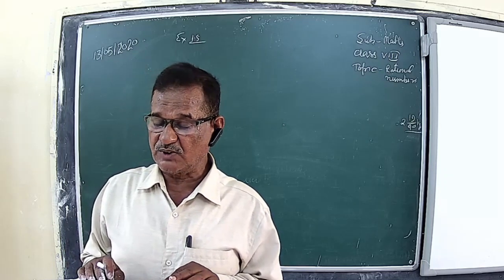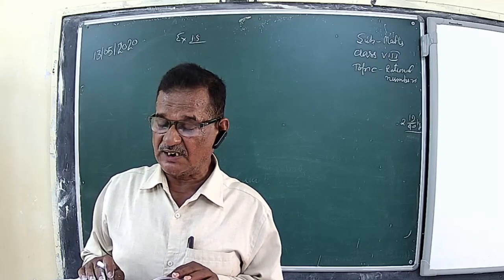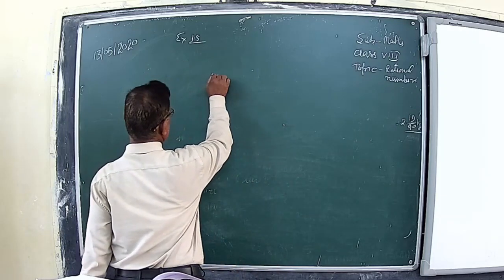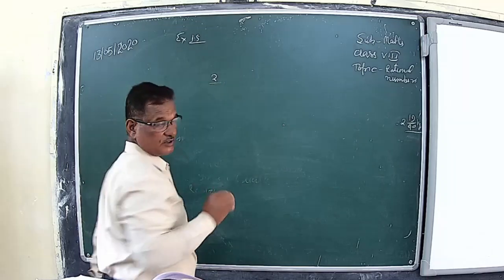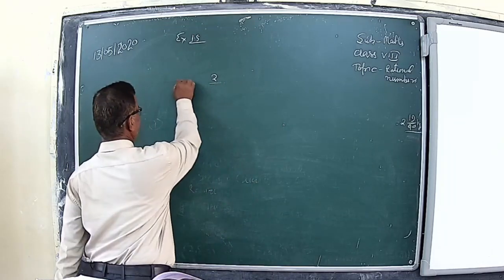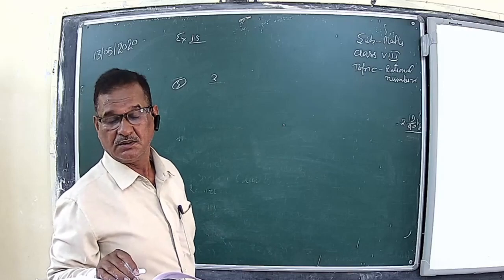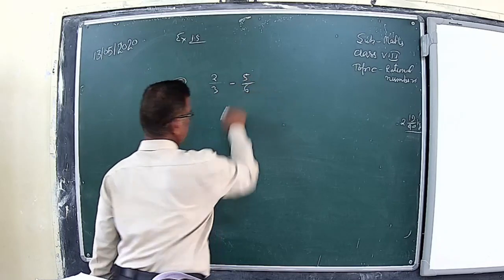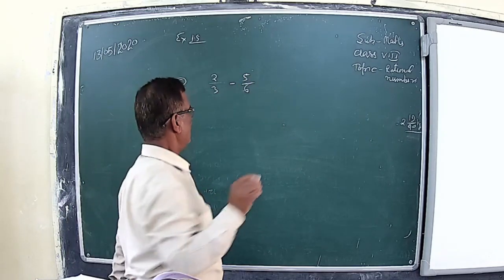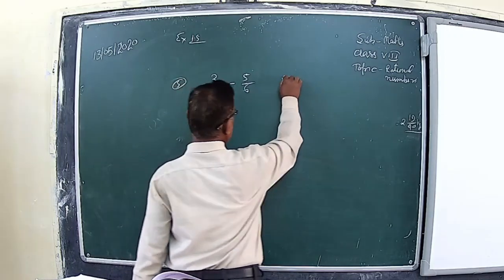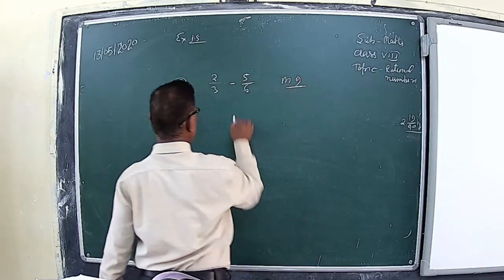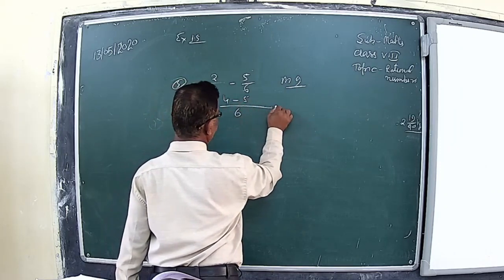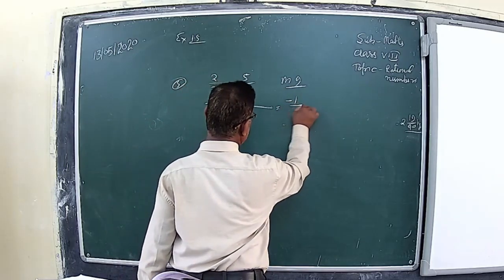The multiplicative inverse of this number: 2 by 3 minus 5 by 6. Question number 3 asks for the multiplicative inverse, so simplify this first. Here 4 minus 5 by 6 is equal to minus 1 by 6.